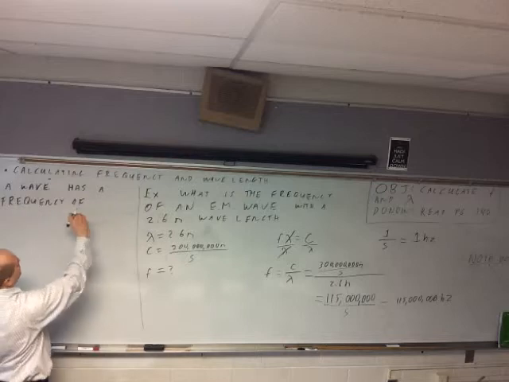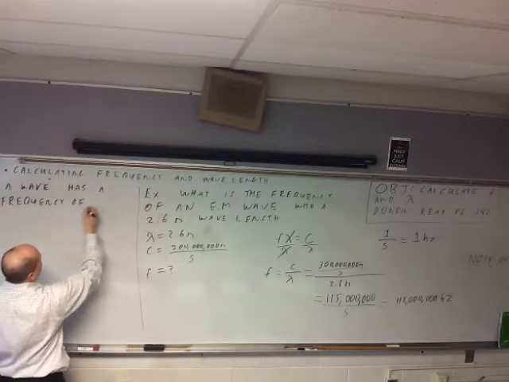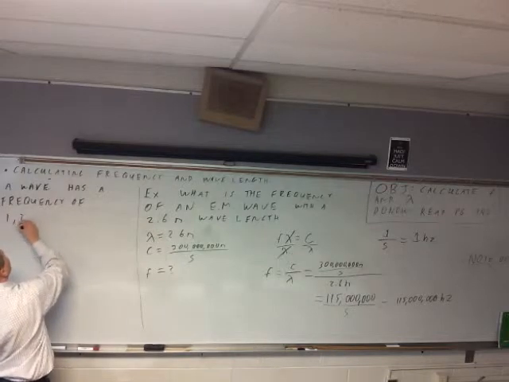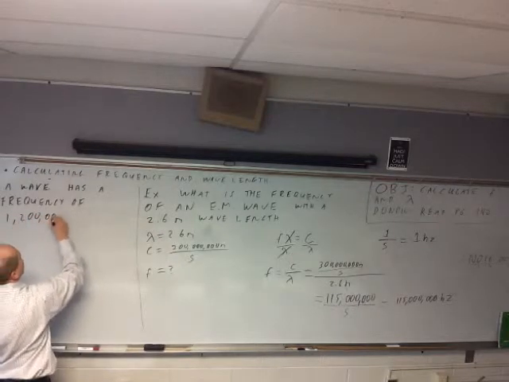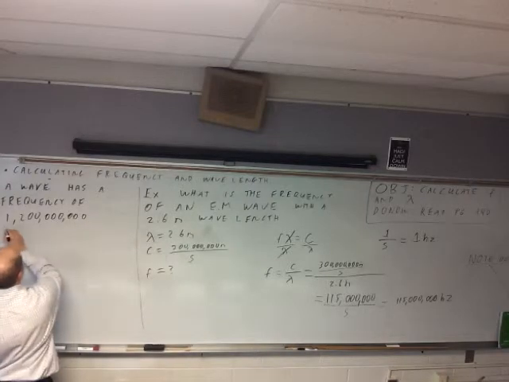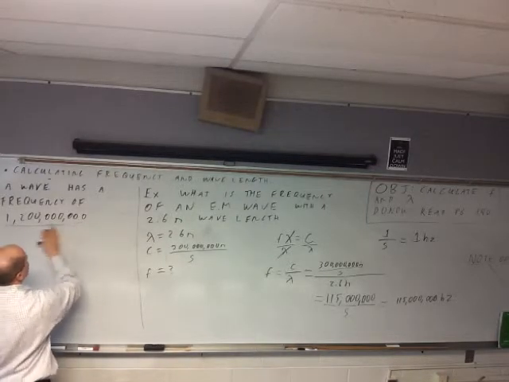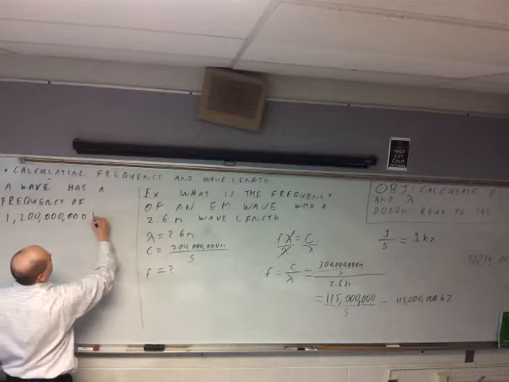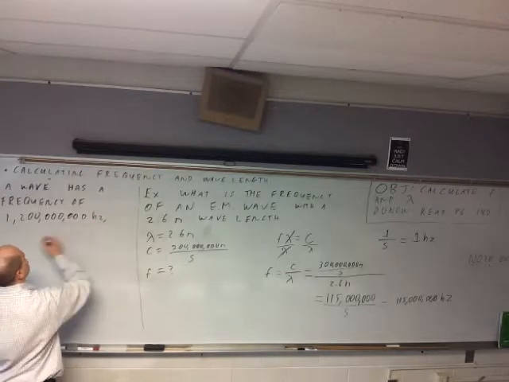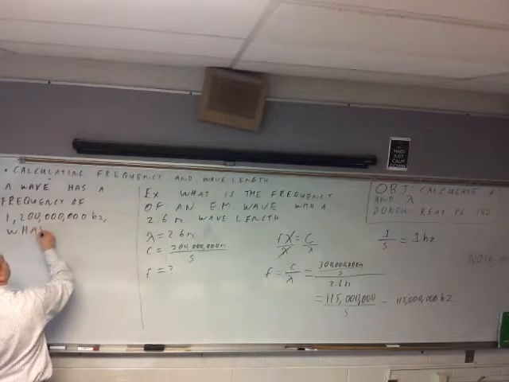Okay, so we have a wave with a frequency of, I don't know, let's say 1.2 billion per second, or hertz. Well, let's write hertz because that's cleaner. What is the wavelength?